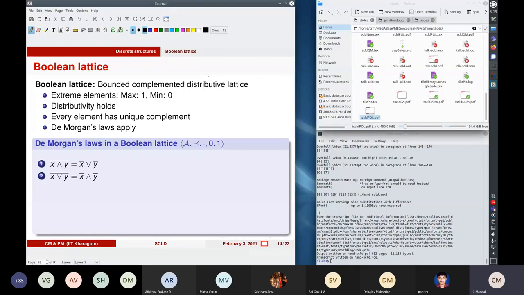So we basically have two expressions here, and you have got another expression here.